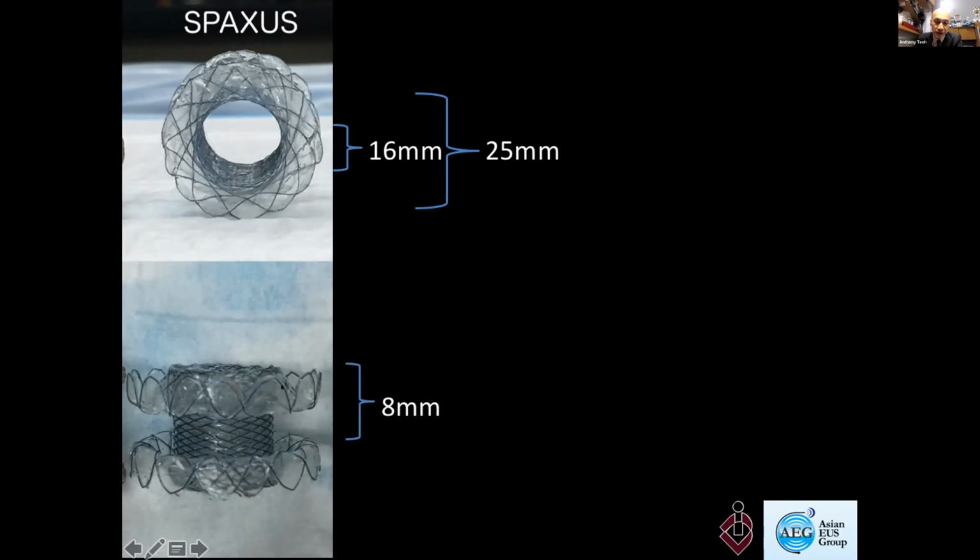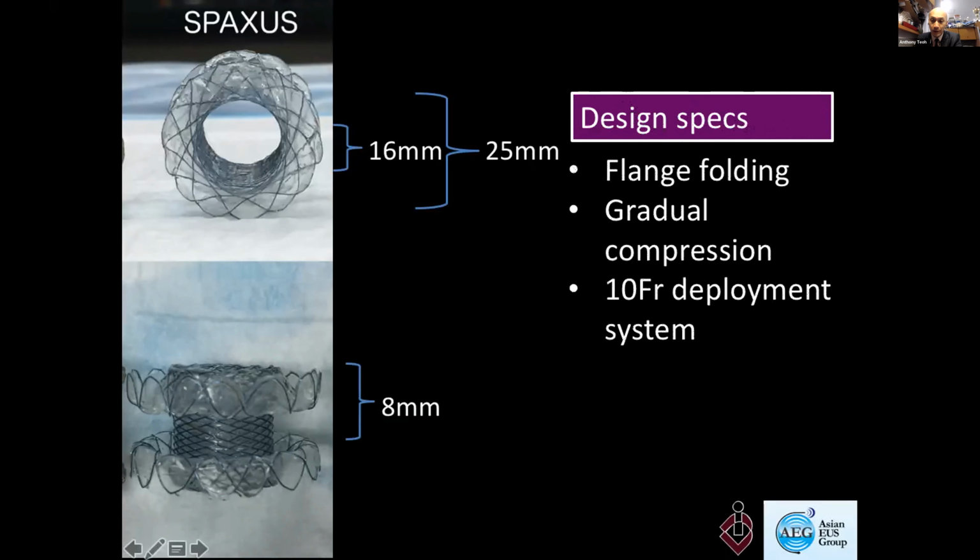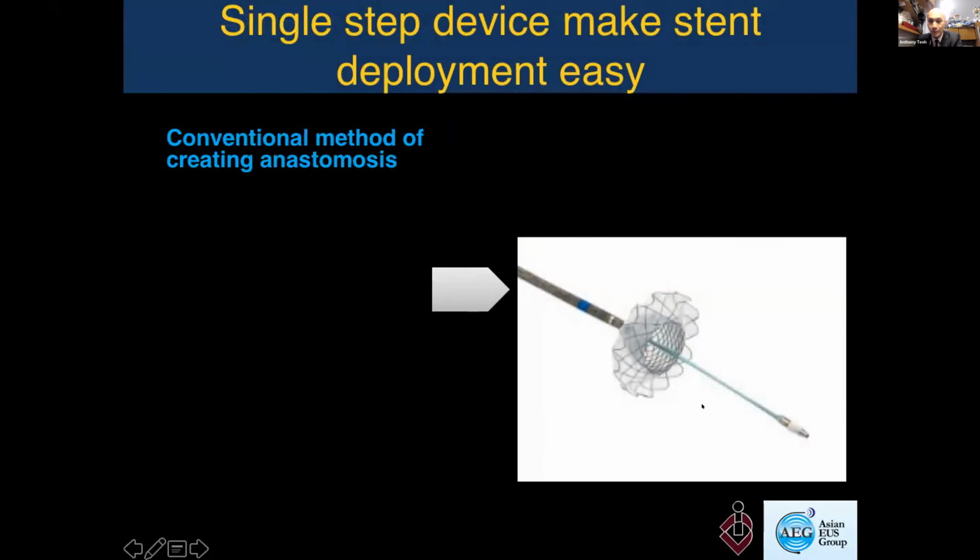The interflange distance is 8, but the distance between the 2 ends is actually around 2 to 3 centimeters. So if there is more tissue, you can still deploy this stent, and it will not contract up to 8 millimeters. The deployment system is the usual metal stent deployment system that we use.